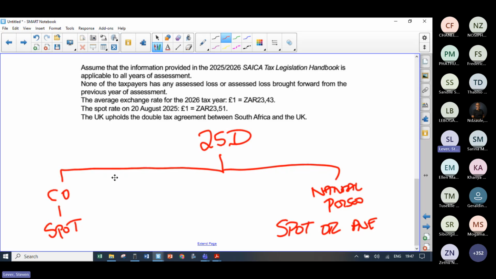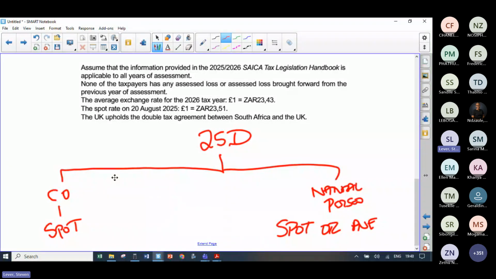Now, let me explain how you're going to do this in an exam question. Okay, guys, if it is income, you're going to use the lower of spot or average. Why? Because you want to make your income as small as possible. If this is an expense, you want to make your expense as big as possible. So you'll use the greater of spot or average.